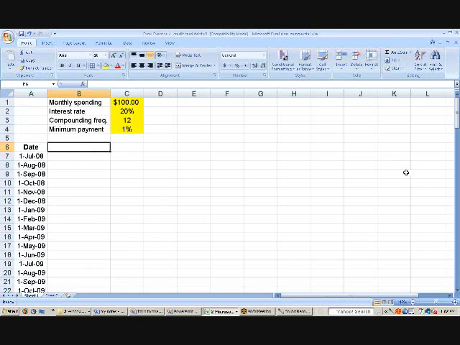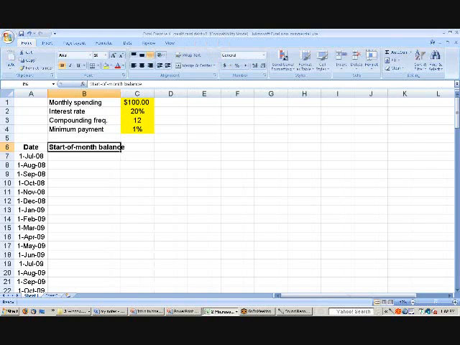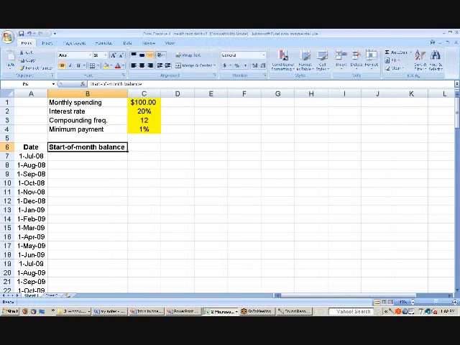Okay, and we're going to have several columns. For starters, we're going to have our start of month balance. So this is how much money we owe at the start of each month. And we are going to have interest on that balance.